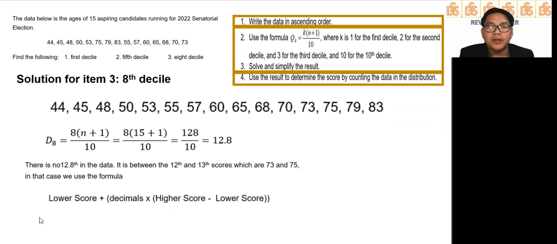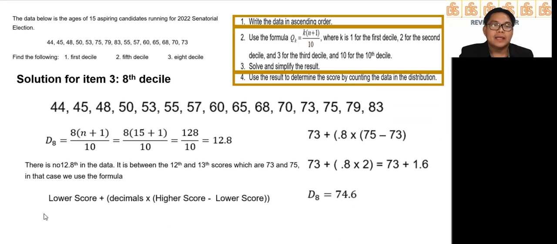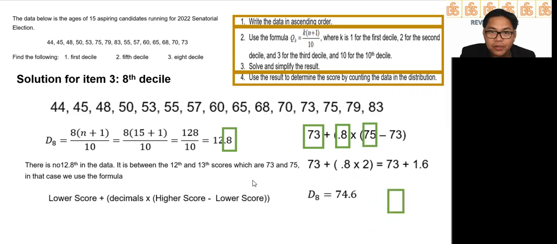If we use the formula once again, the lower score is 73. The decimal is 0.8, the excess over 12. Then the higher score is 75, and the lower score is 73. Be careful about the MDAS or PEMDAS rule, wherein the numbers inside the parentheses should be simplified first.